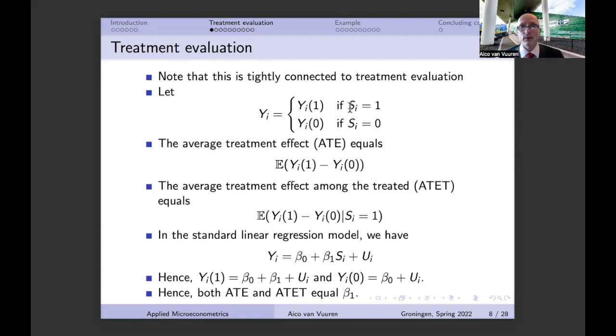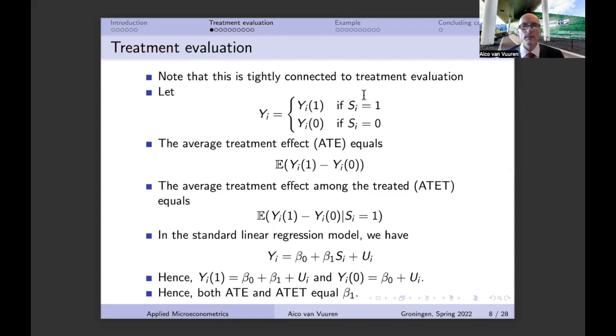Apart from the fact that we observe SI, we are also going to assume that we have another variable, yi, that we observe. The question arises, what is yi? Well, yi is always equal to yi1 in the case that SI is equal to 1, so in the case that individual I is treated, and yi is equal to yi0 in the case that SI is equal to 0.